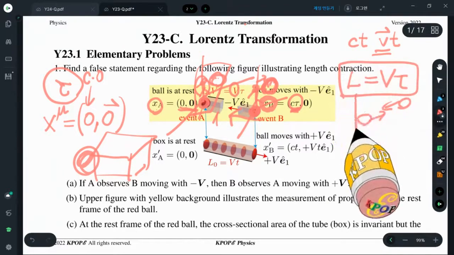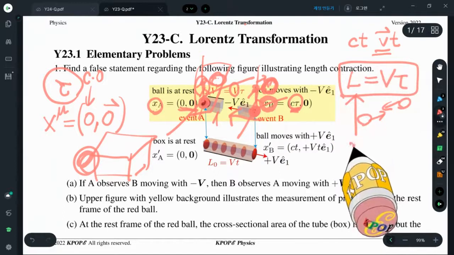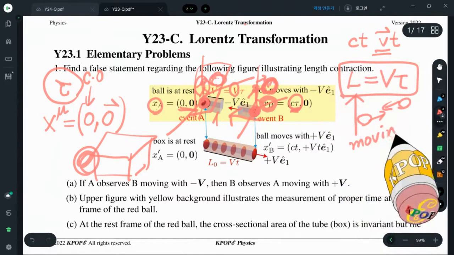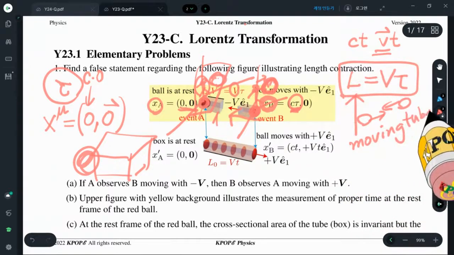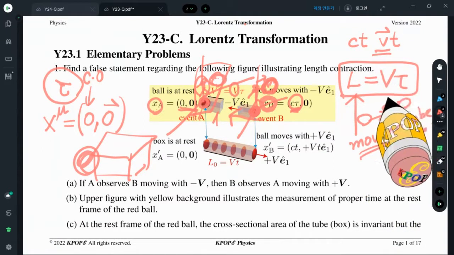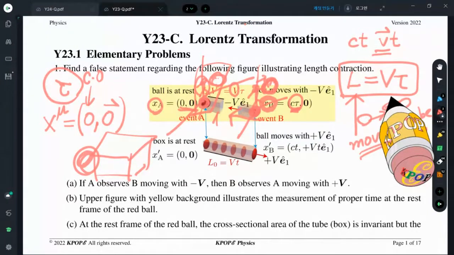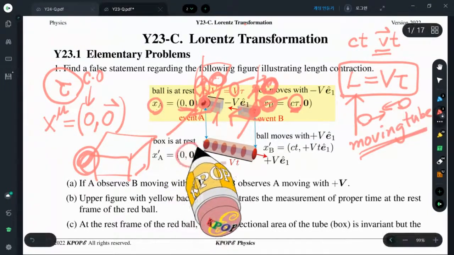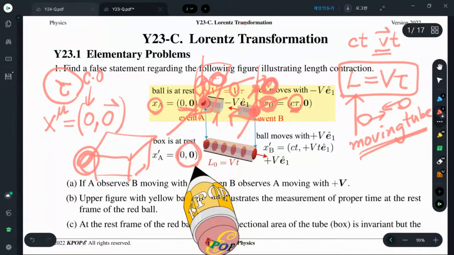And this length is the moving tube. Okay? And the same event can be measured from here.